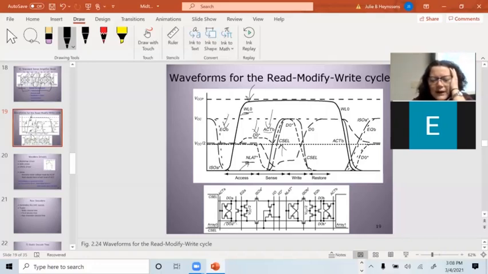Sometimes you're reading data on the star side, and sometimes on the non-star side, because there's only one sense amp for each pair of columns. So when D0 star goes high, it's reading data on it, and D0 is just the other side that's not being read.